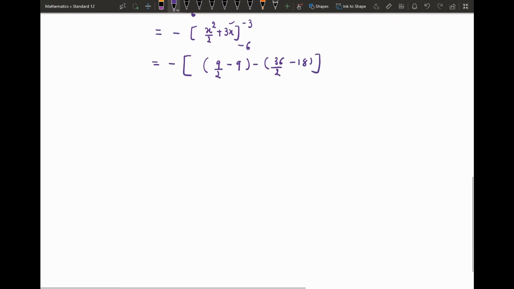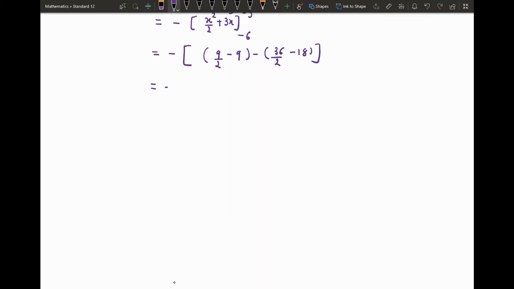Now let us simplify this. Minus 9 by 2 minus 0, so the value is 9 by 2.